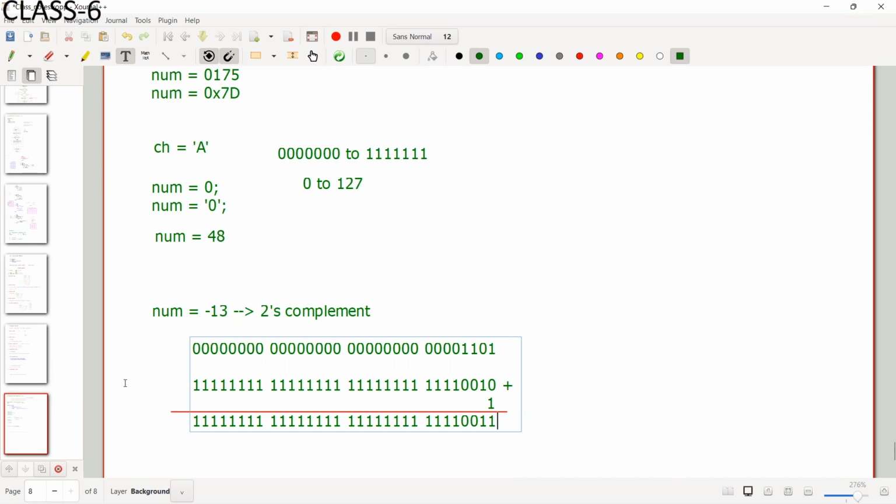So this is the 1's complement, and this is the 2's complement.